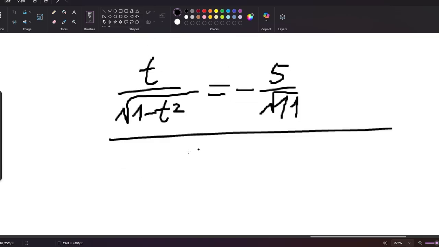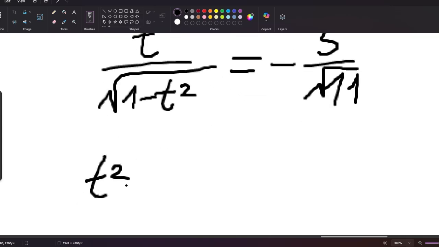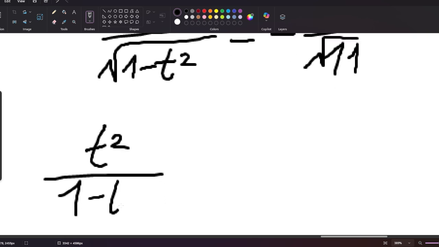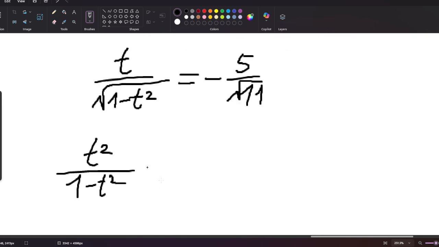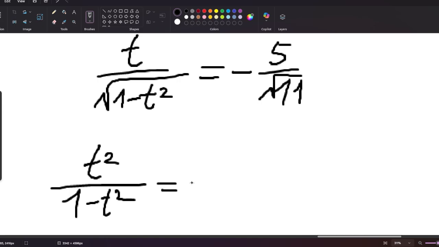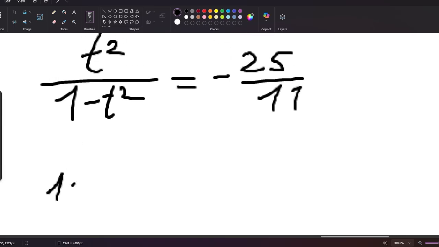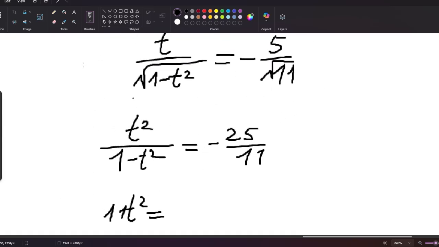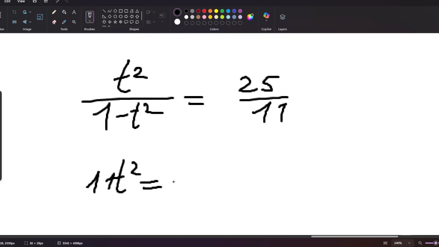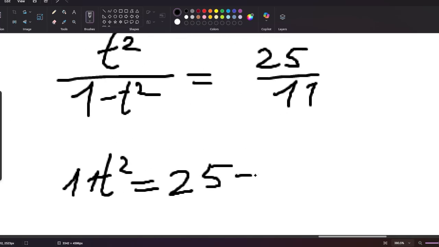Now let's square both sides. 1 minus t squared equals minus 25 over 11. Let's multiply both sides by the denominators. We have 11t squared equals, okay, why did I write down the minus sign here? 25 minus 25t squared.